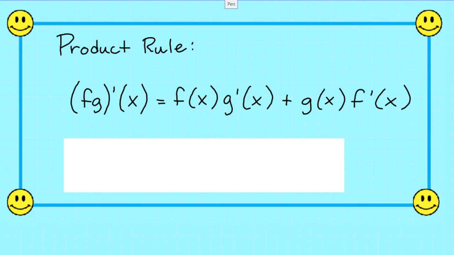So in this formula, our product is f times g. F is the first factor, g is the second factor. We usually just call them the first and the second. And what you do is you take the first times the derivative of the second plus the second times the derivative of the first.